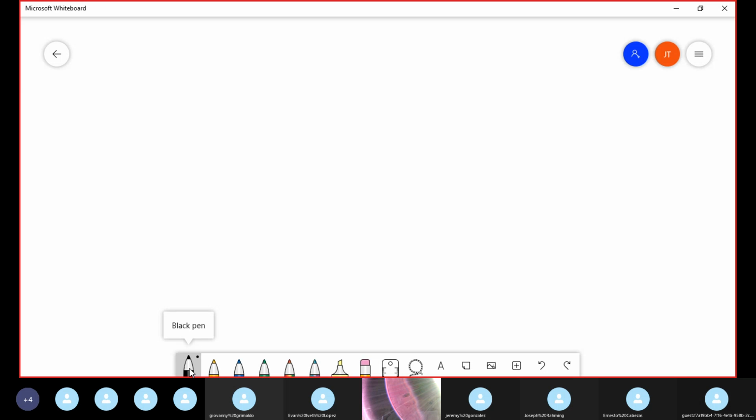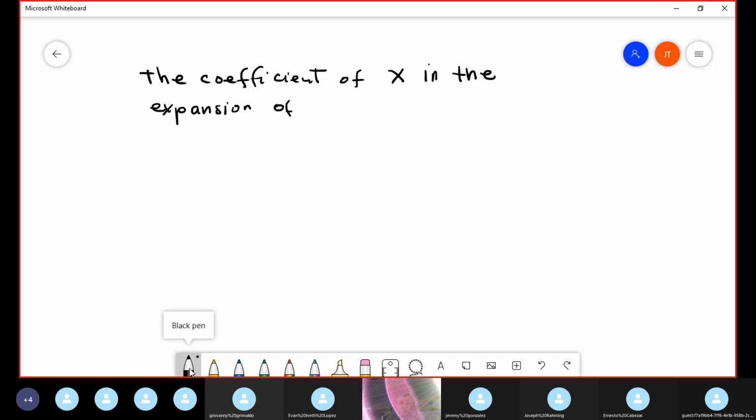Entonces, they want you to find the coefficient of x in the expansion of 9x plus 6 to the cubic power.